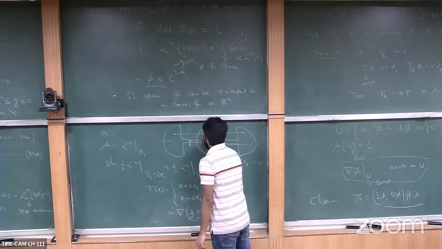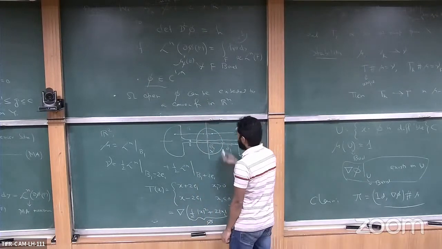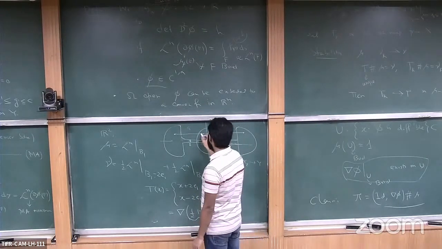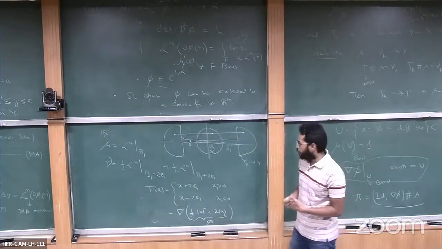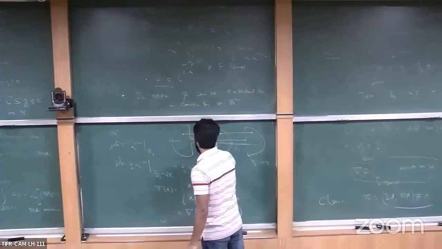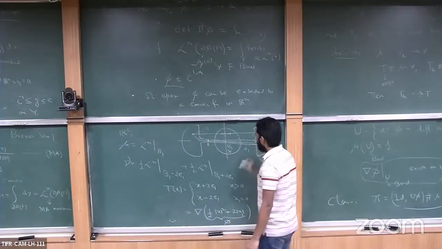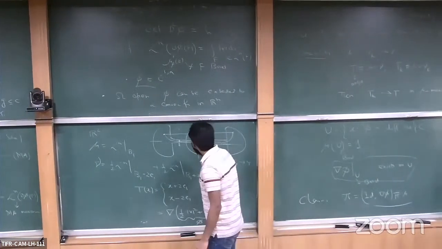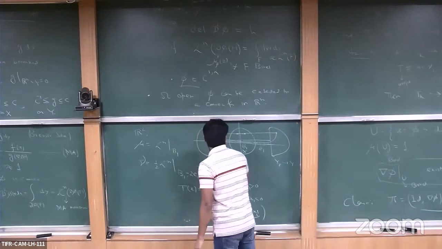Now let me join them with a straight line. If T epsilon is continuous, then the image of this line should also be connected, and the only way to go is through this tunnel. So at least you will find a point here which has a pre-image somewhere here.